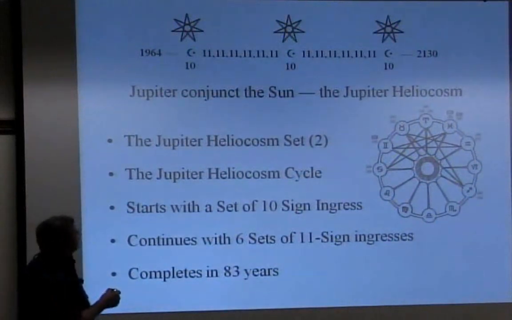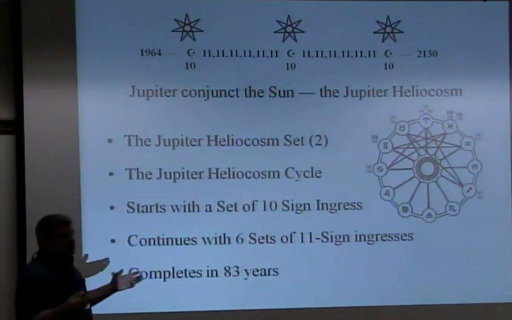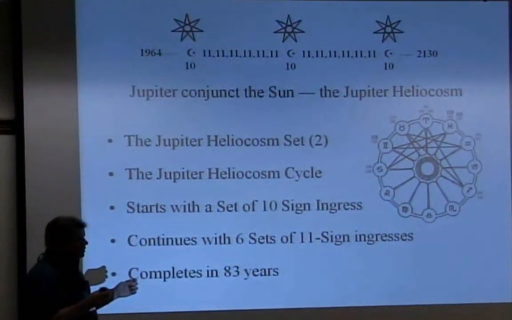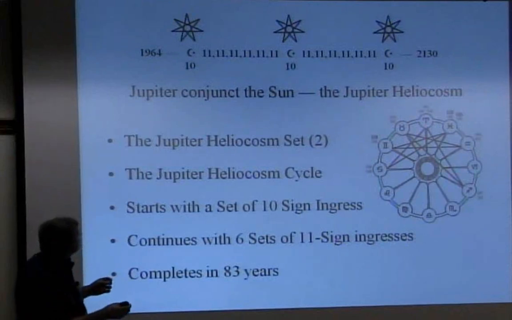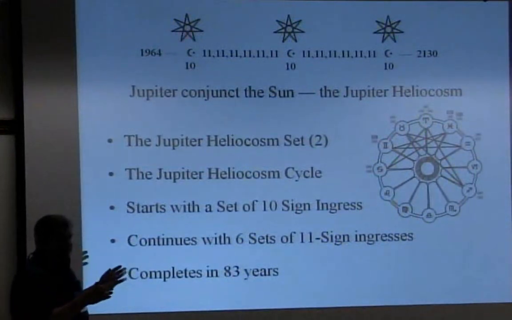Here's another 83-year cycle, but it's the cycle composed of the conjunctions with the sun. Here you have the start of a cycle or the end of a cycle with 10 conjunctions. It goes through the signs, but in the 10, it misses Aries and Pisces every 7 cycles, in an entire cycle of 83 years.